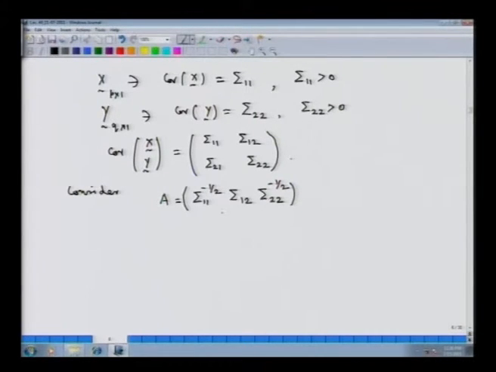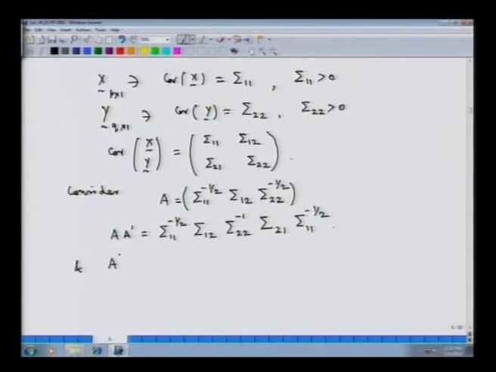Now, from this matrix A, if we look at A prime, it would be given by sigma 2 2 to the power minus half, the transpose of sigma 1 2, which is sigma 2 1, and then the transpose of sigma 1 1 to the power minus half, which is the same matrix itself.